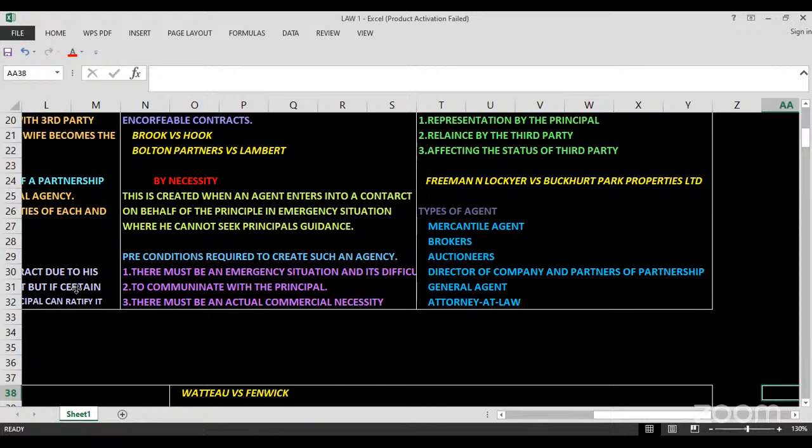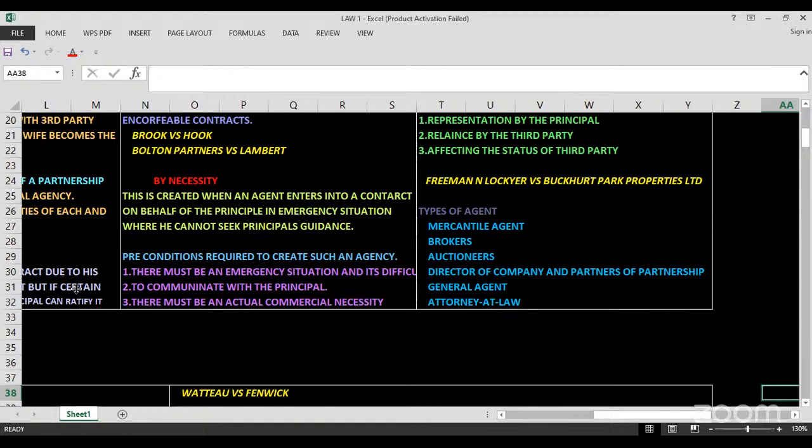Let's say the senior policeman is not there and the road is very crowded with traffic. His work is not to clear the traffic, but in order to clear it, he does the work of the senior policeman. So there, he becomes an agent through necessity. That is not his work.